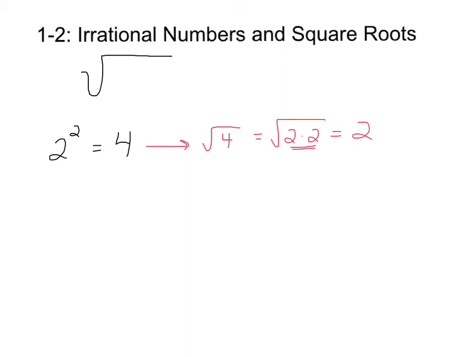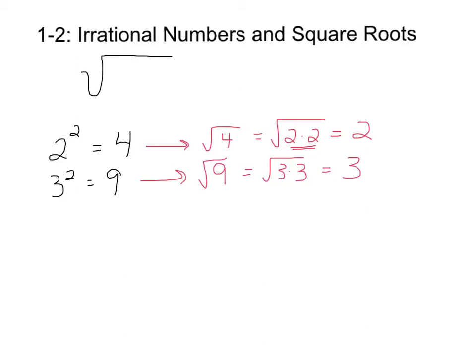So if I look at 3 squared, which equals 9, I can say that the square root of 9 is going to be like the square root of 3 times 3, so it undoes the 3 being multiplied by itself and gives me an answer of 3.